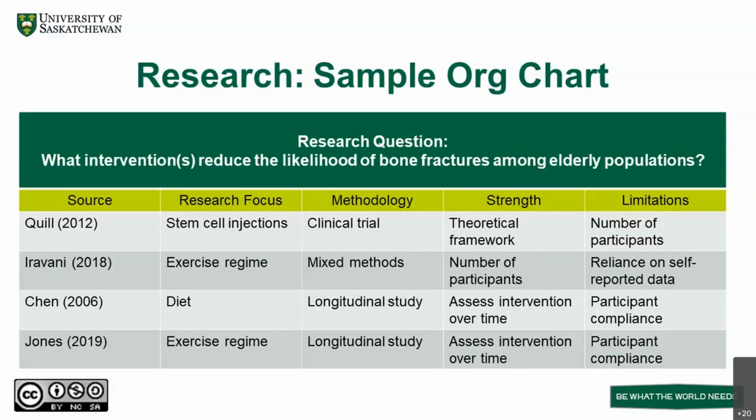And those strengths and limitations, here we've kept them very, very generic, referencing specifically the methodology, but there might be other strengths or limitations that you would layer in here. So for instance, if one study had a really robust sample size, but another had a very small sample size. It's not that sample size is always important, but it's mostly important in the context of how the study is being structured.